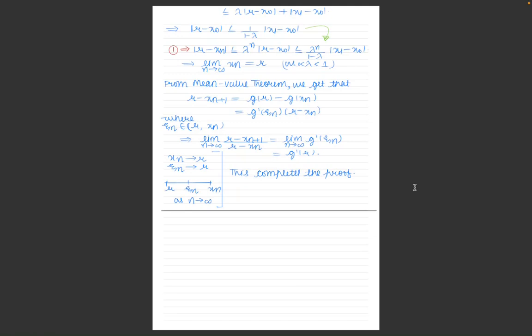So it should be n plus 1 here. Yeah. So it will be lambda to the n. Let's say this is 1.